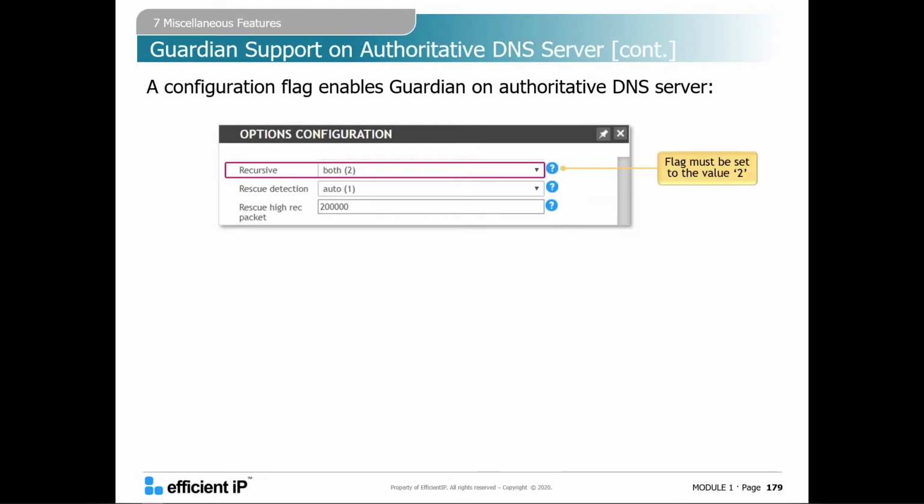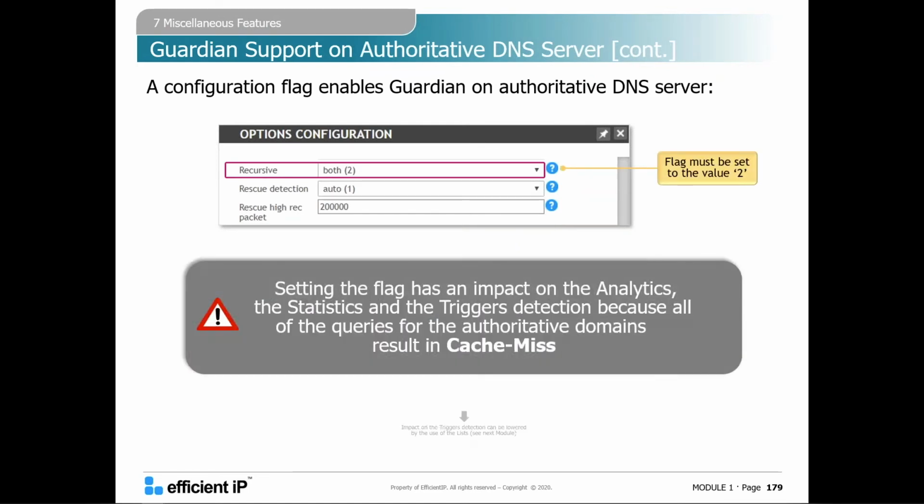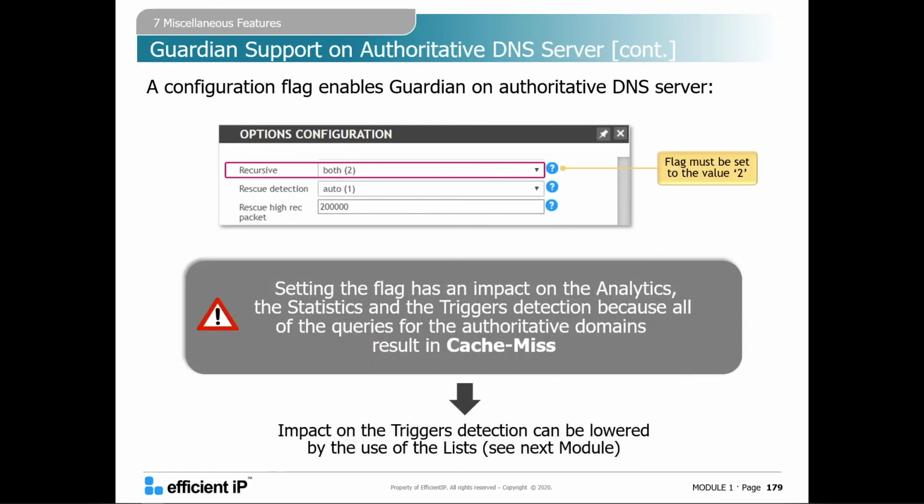So when you use Guardian on both a recursive and authoritative DNS server, you need to set this flag. This is also under the options configuration. You need to set this flag as both, so that Guardian is not blocking the queries.